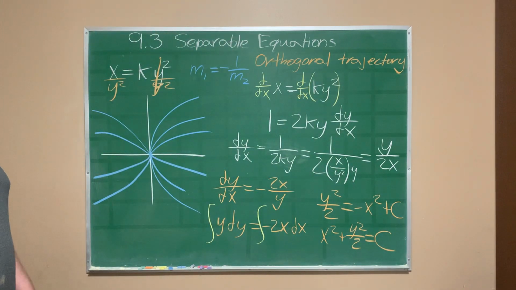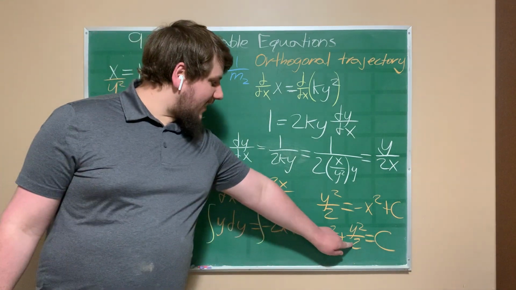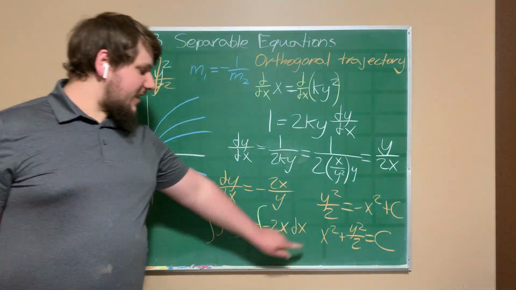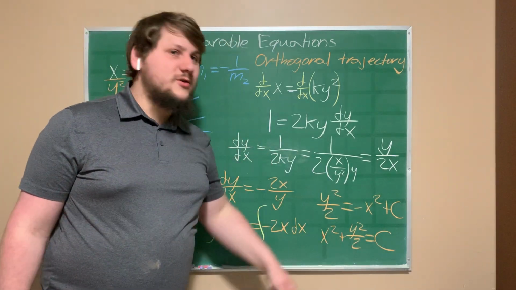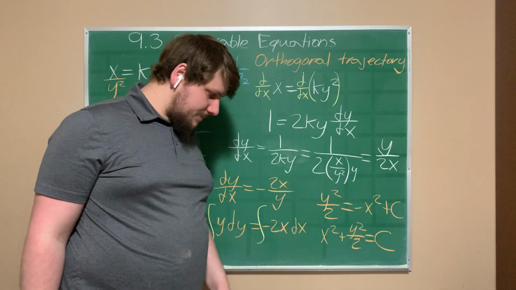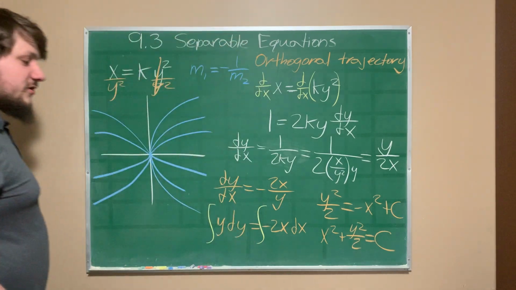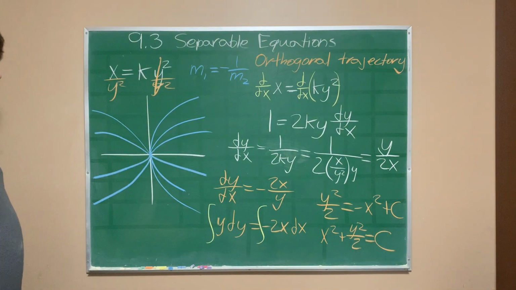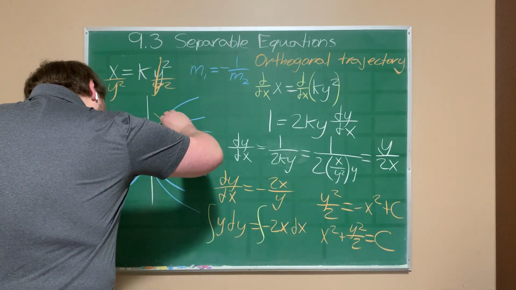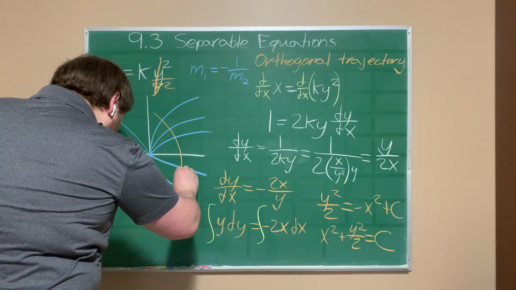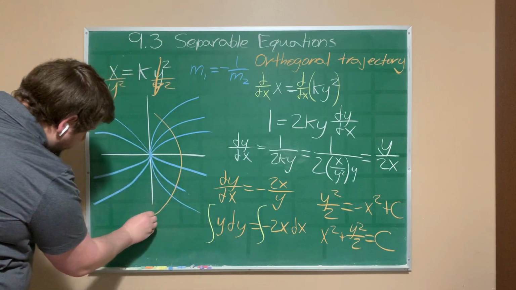What shape does that graph make? It's not quite a circle because we have dividing by 2 here. If we just had x squared plus y squared equals c, it would be a circle. But because we have division by 2, this is actually an ellipse. An ellipse which is longer in the y direction than it is in the x direction. And so the curves that are going to be orthogonal are going to be ellipses that look like this.